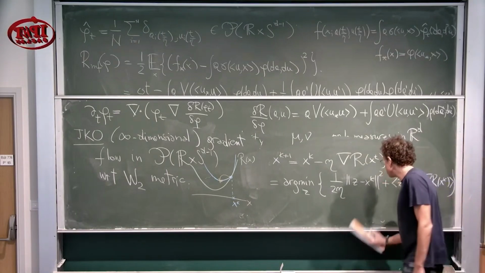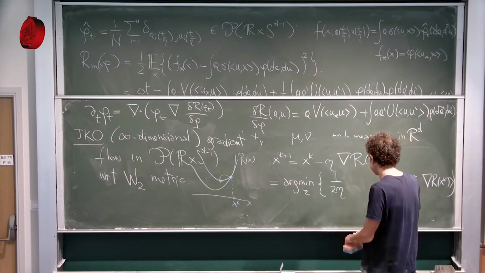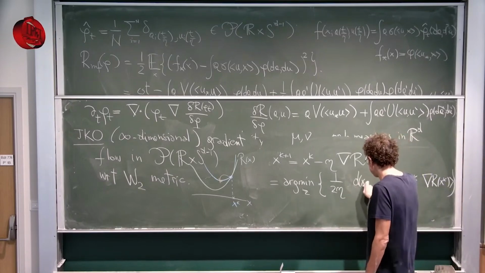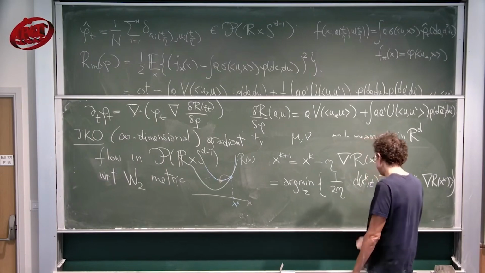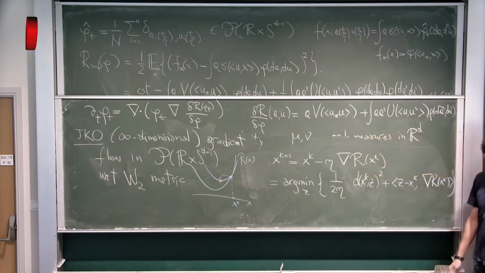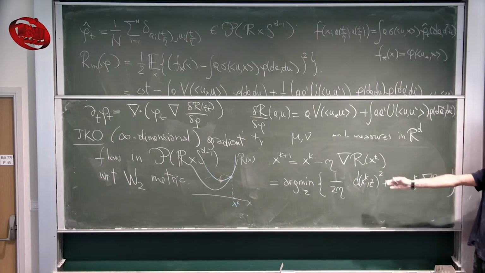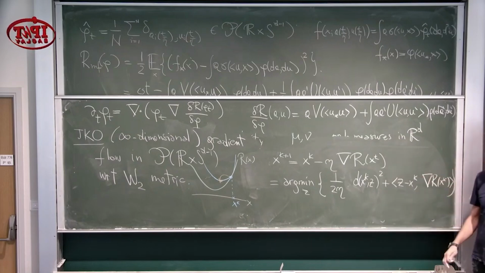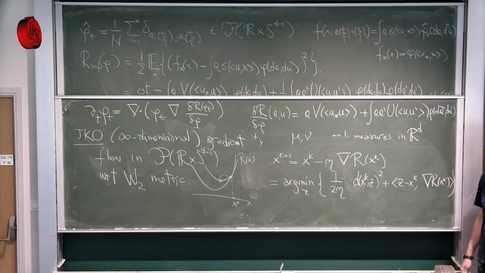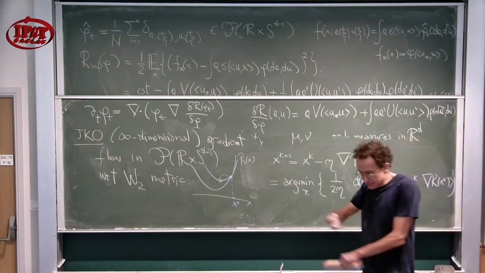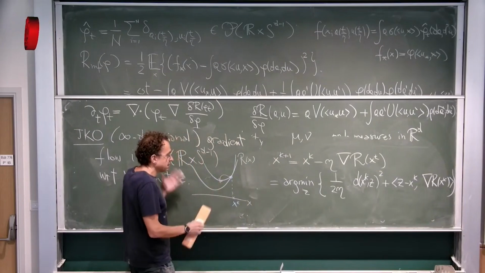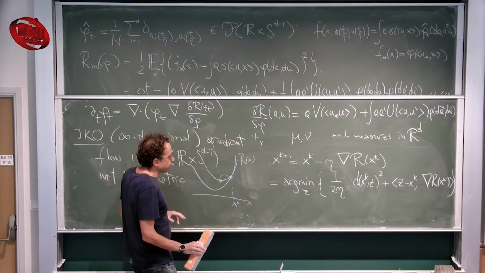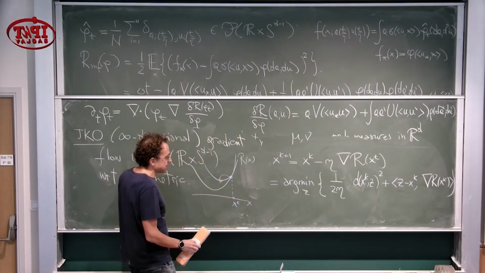One game is that you replace this by another distance. The JKO scheme is where x is a probability measure and this distance is the Wasserstein distance. And you can make all this work in infinite dimension.